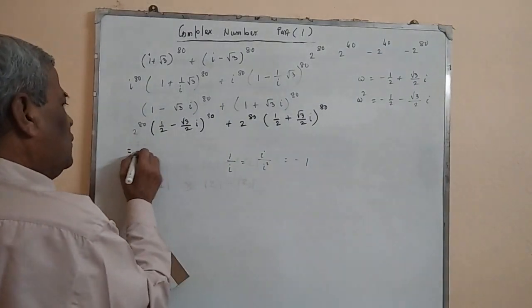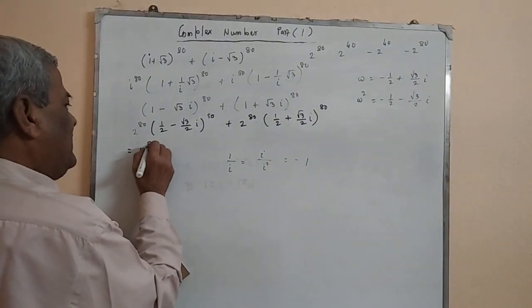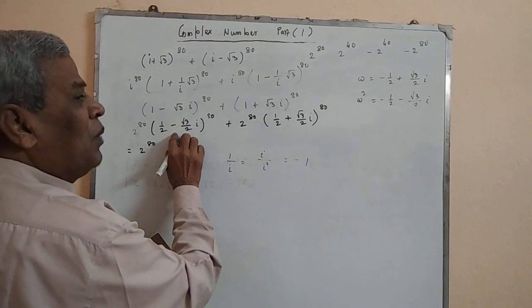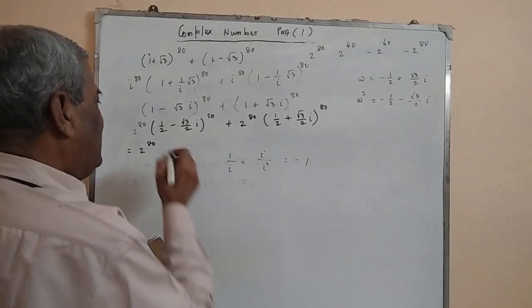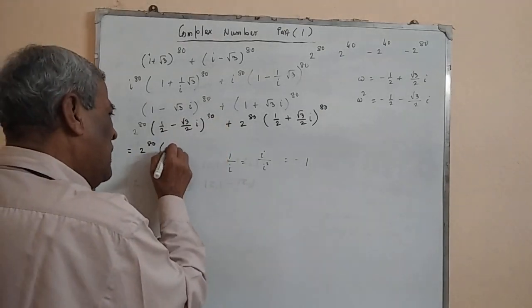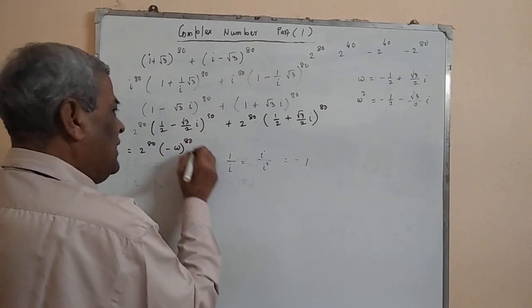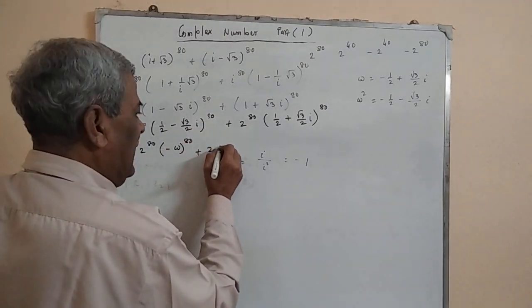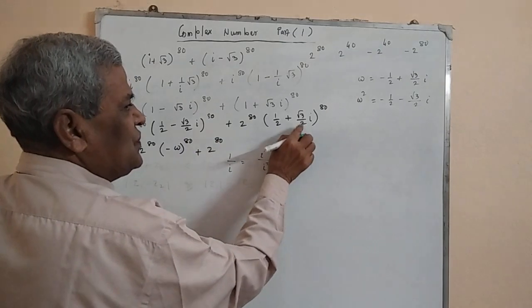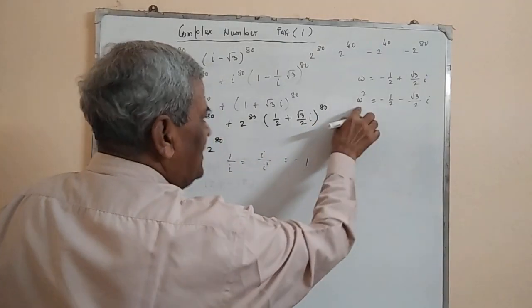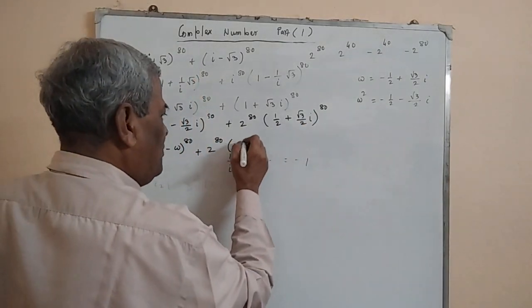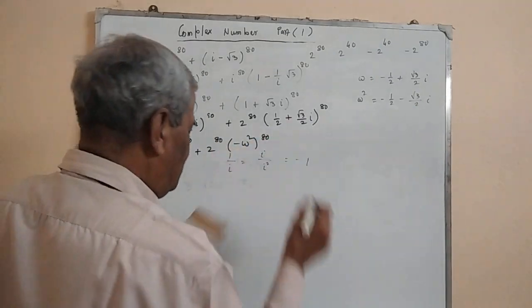So it is equal to 2 to the power 80 into (minus omega) to the power 80 plus 2 to the power 80 into (minus omega square) to the power 80.